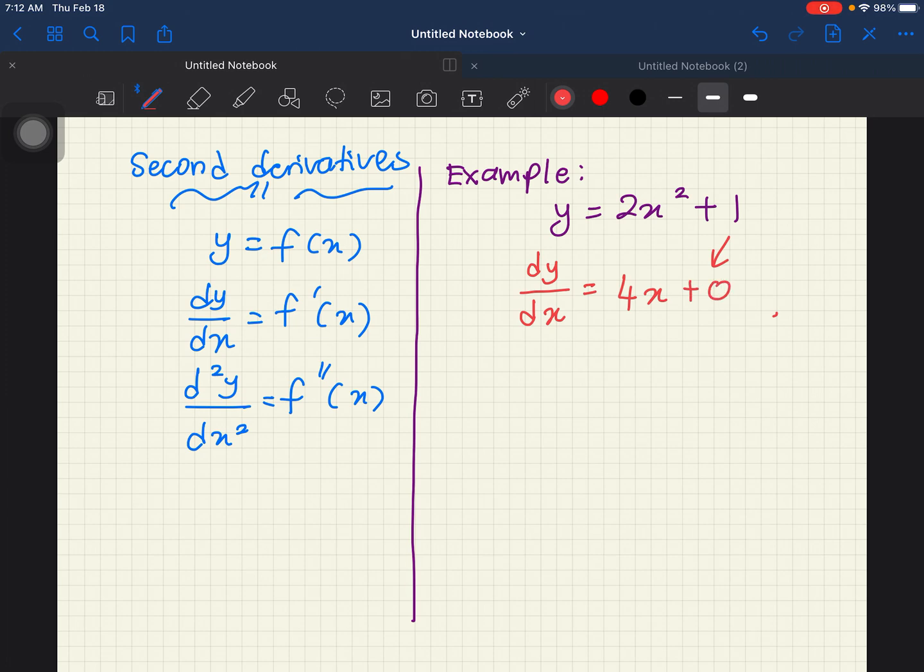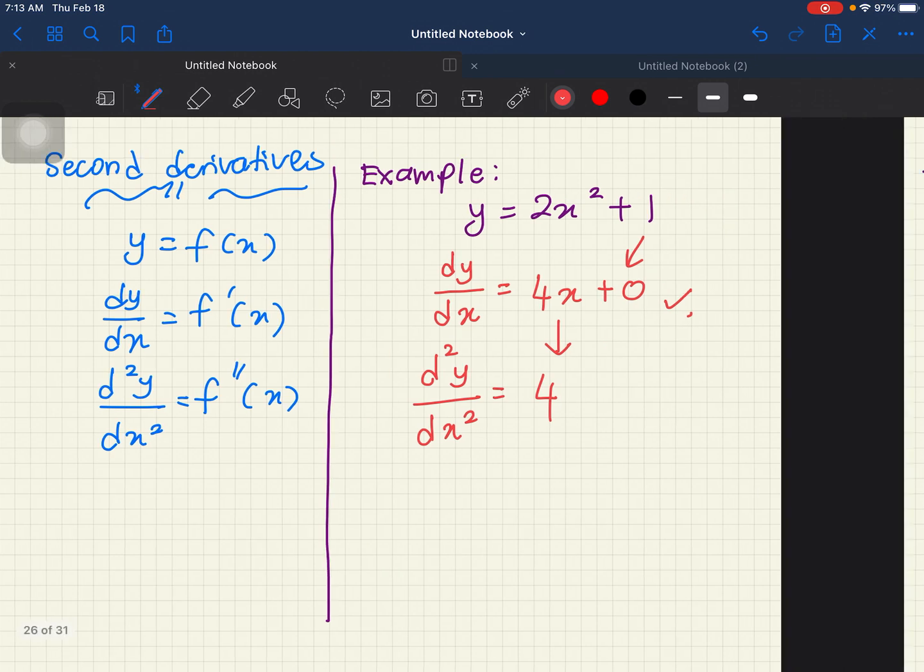For double differentiation or second derivative, d squared y over dx squared equals, you differentiate your new function, which is 4x. Then you'll get 4. As easy as that.